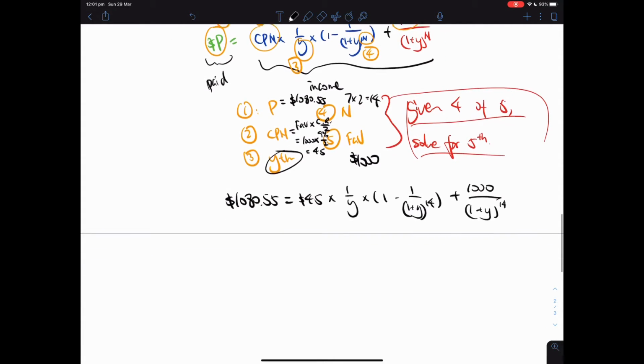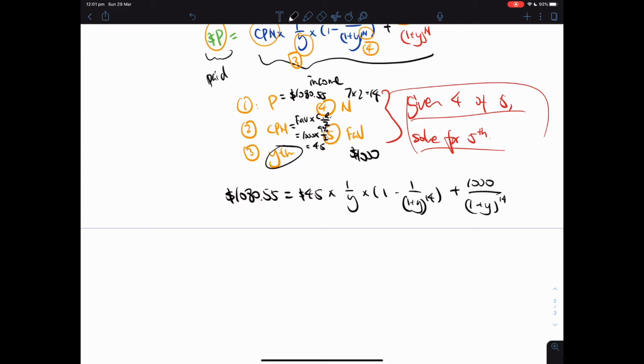This question asks you to solve for yield to maturity. I can tell you, it doesn't matter how long you spend rearranging, you can't solve for y. Unfortunately, you cannot solve for y just using pen and paper, not easily. When I say not easily, it really means you have to do trial and error.